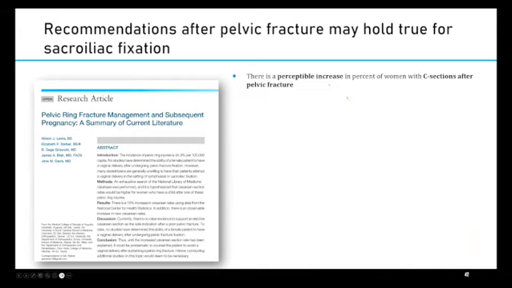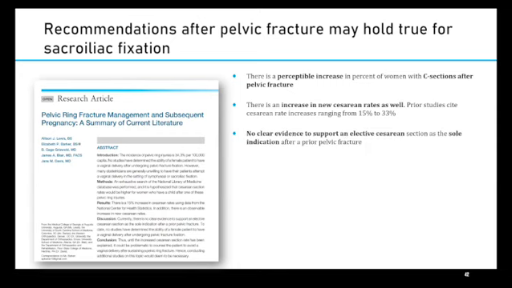Although there is a perceptible increase in women getting C-sections after pelvic fracture, and there's an increase in cesarean sections generally, up to 1/3 of deliveries now. There is no clear evidence to support that an elective cesarean section is necessary as a sole indication after prior pelvic fracture.